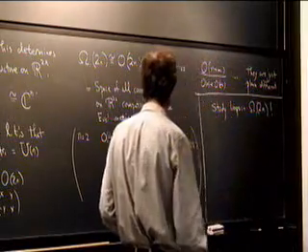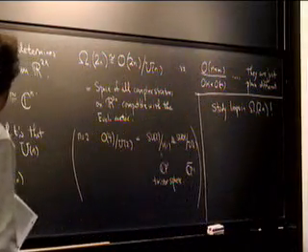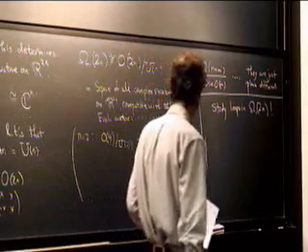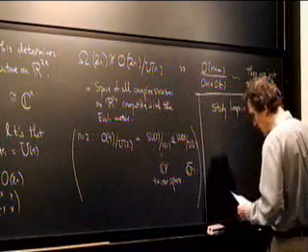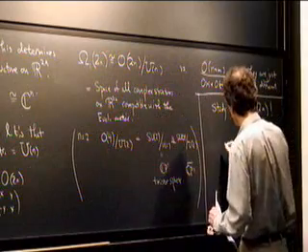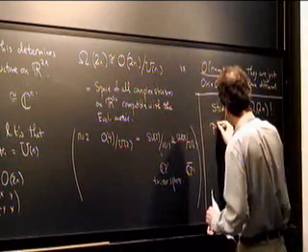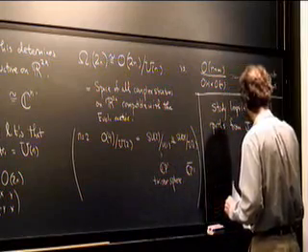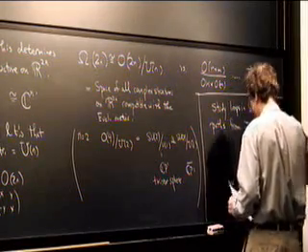So if at first you don't succeed, loop again. So we'll study loops in omega 1 of 2n, or equivalently, paths from J to minus J.